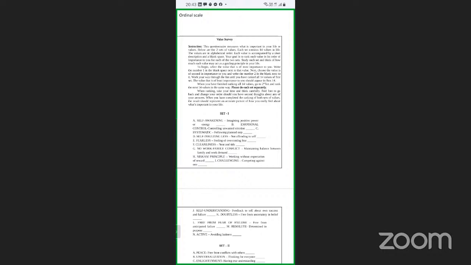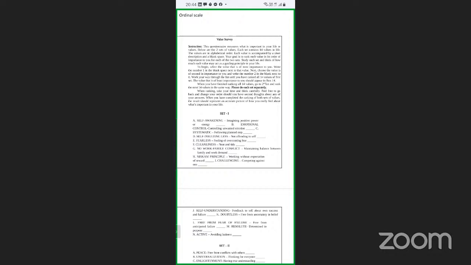Okay, now set 1, please read it. Yes, sir. A, self-awakening: imagining positive power or energy. B, emotional control: controlling unwanted emotion. C, systematic: following planned steps. D, self-insulting less: not offending oneself. E, fearless: feeling of overcoming fear.